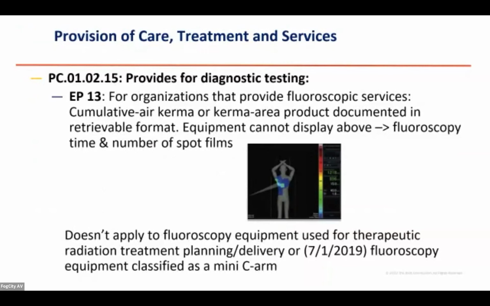And so we're asking that for organizations that are doing fluoroscopy, that you document in a retrievable format the cumulative air kerma, the DAP, kerma area product, KAP, for that patient. Now, again, some units will do that for you, kind of like the summary page, and you can put that in PACS. Others, you may have to actually enter it into the patient record.